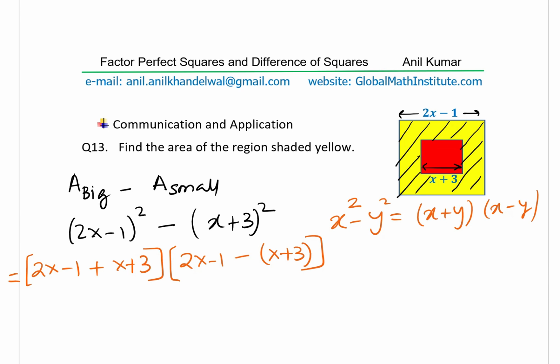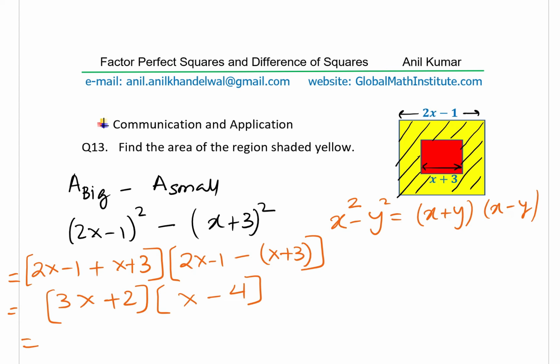So when you simplify, 2x plus x is 3x, minus 1 plus 3 is plus 2. And on this side, 2x minus x is x, minus 1 and minus 3 is minus 4.